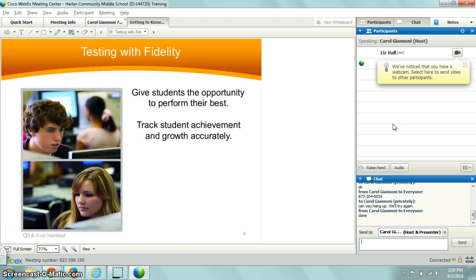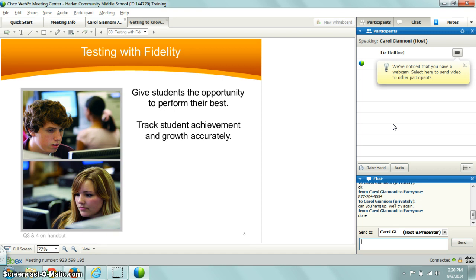So when we talk about testing with fidelity, do you have any idea what I mean by that? Give us your definition. It's right there on the board for you. So really what it does is it allows your students to do the best that they can to perform the test.